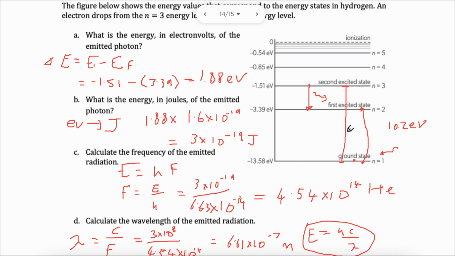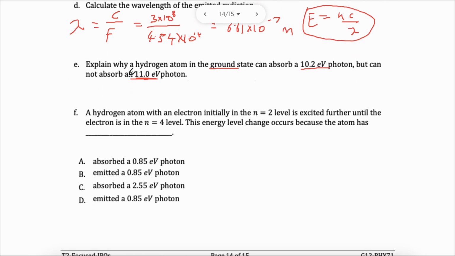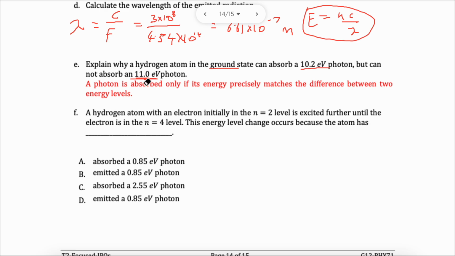In order to get from here to the second state, I need a difference of 12.07. That means 11 volts is somewhere in between 10 and 12. Not enough. Nothing will change. So to explain it, it needs to have the exact difference between the energy levels.